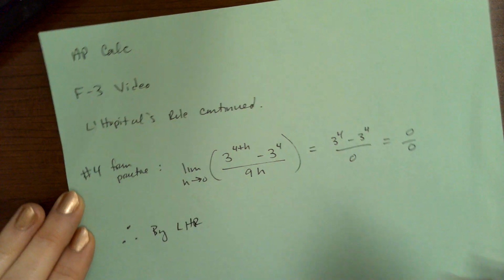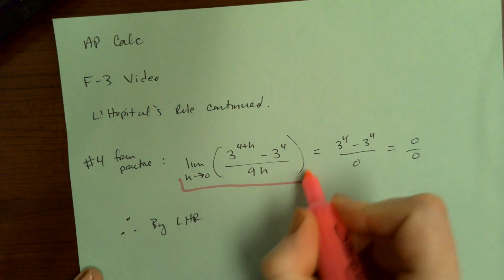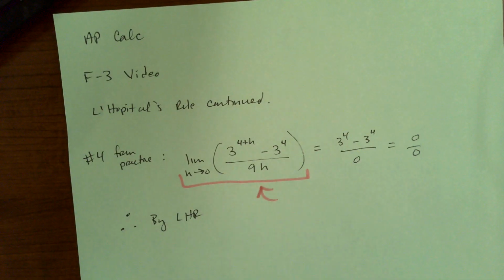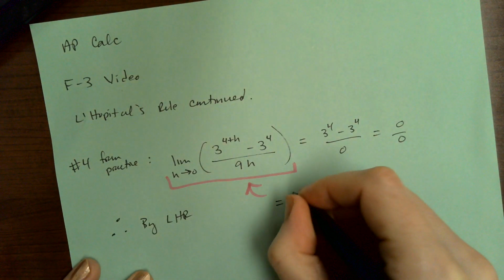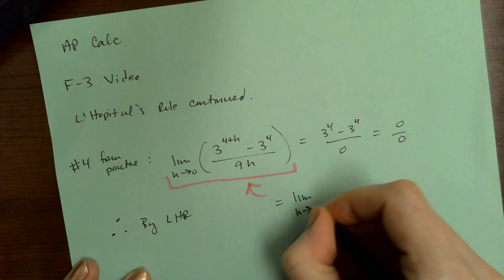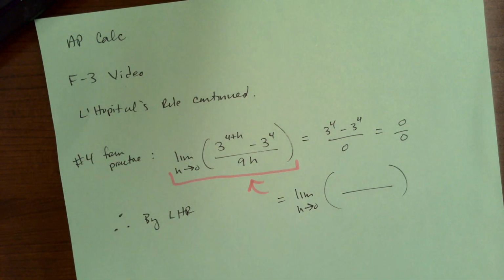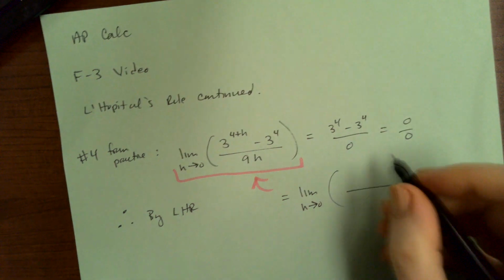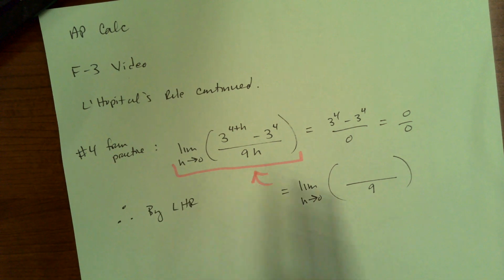Therefore, by L'Hopital's rule, only, don't write it out though on a test, this is equal to the limit as h approaches 0 of the derivative of the top over the derivative of the bottom. h is just like x here, so the derivative of 9h is 9.